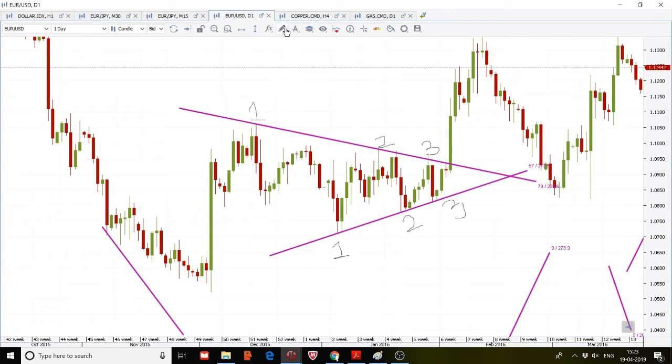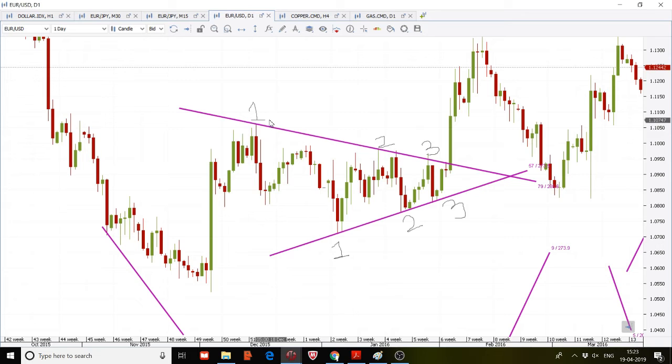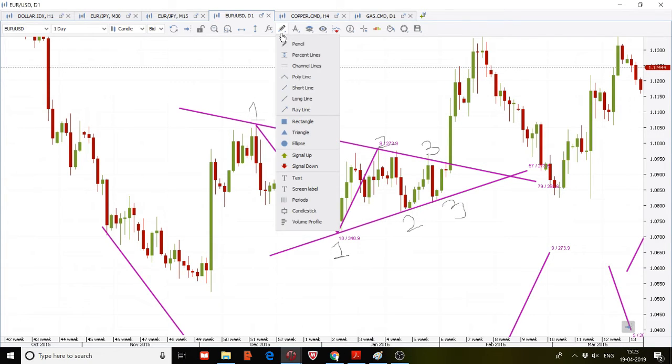Then another guideline, we have got the wave 1 as the highest one. When you join the first touch with the first touch on the lower side, you will get the wave 1. Then when you join the end point of the wave 1 with the beginning of the wave 2, and the end point of the wave 2, second touch on the upper side, you will get the wave 2.